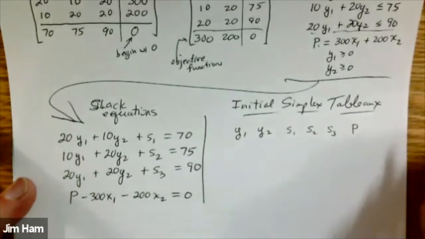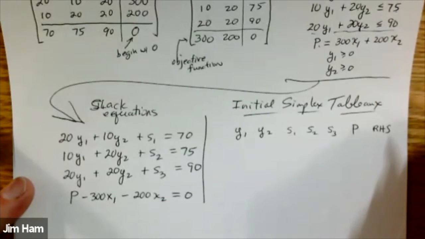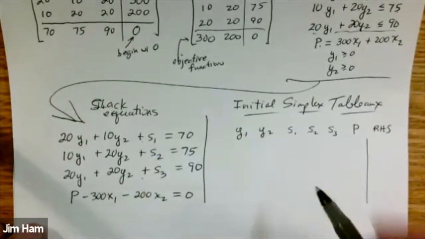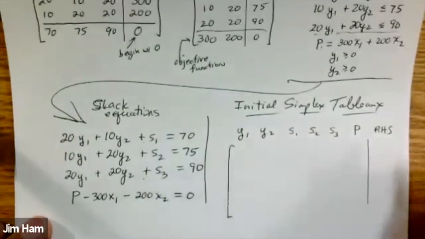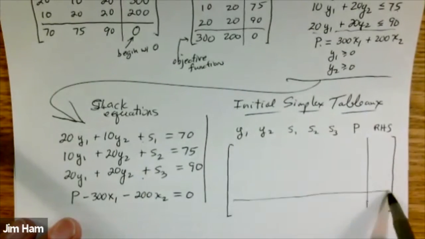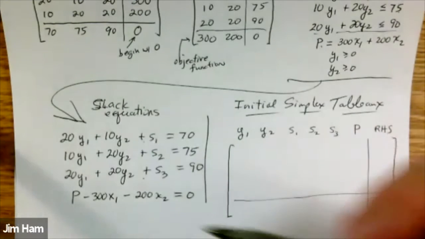And then finally, the right-hand side. The right-hand side is a number. It's not attached to any variable. We have 3 slack equations and an objective function, so therefore we're going to have 4 rows in our tableau. The last row would be the objective function's row, and the first 3 would be our constraints.